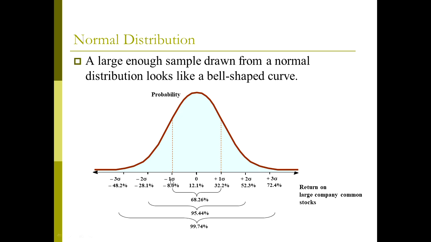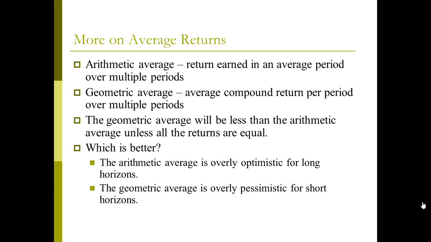When we say within one standard deviation, it really means about 60.8% of the chance the stock return will fall in one standard deviation, this area, and similarly for 2 and 3 standard deviations. For example, 2 standard deviations, 95.44% of the stock return will fall within 2 standard deviations.